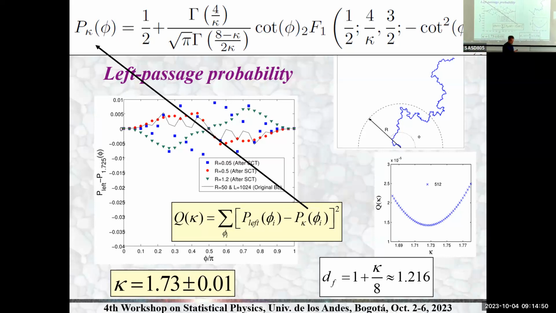What does it mean to be to the left of the Q? Of course, the probability if you go to the right is just 1 minus the probability to the left. So it doesn't matter if you go to the left or to the right. So this curve is to the right? Yes, to the right. I mean, it goes to infinity because the curve has to go to infinity. In the past, the line is like this, okay? Go to infinity if you want.